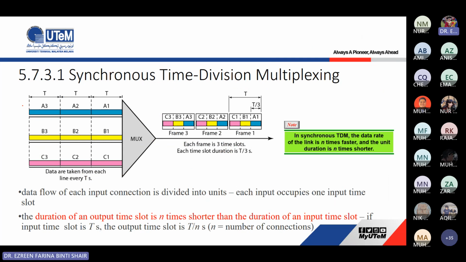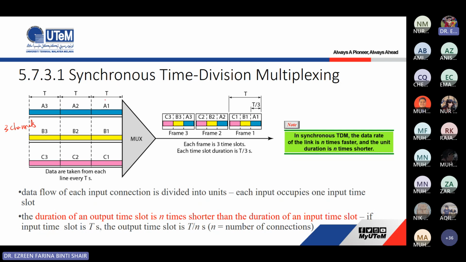So here you have 3 channels: channel A, channel B, and channel C. The output of the multiplexer, before that, the data from each line.